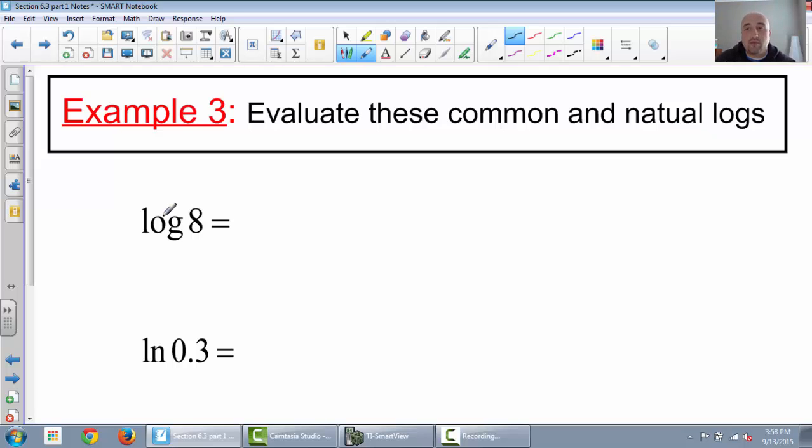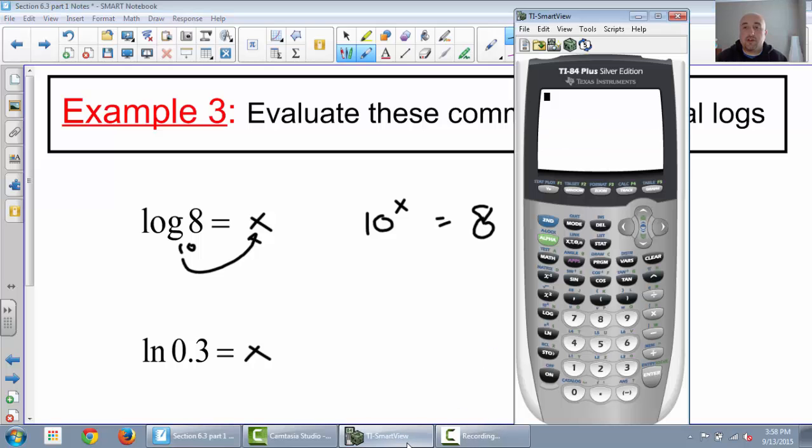Okay, so let's set them up and then we're going to solve them. Remember, when there's no base, we're assuming it's 10. So I'm going to say equals x because we don't know what any of these are equal to. I'll just write in the 10. So 10 raised to the x power is equal to 8. Well, I don't believe I know the answer to that in my head, so we're going to use the calculator to do this type of problem.